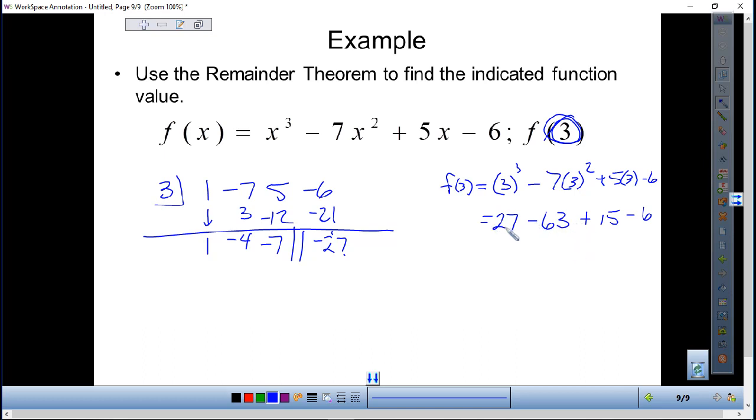Now I'm going to go ahead and put all the positives together and all the negatives together just to make it one subtraction thing. So we've got 27 plus 15, that's going to give us 42. And then I put my minuses together, I'm going to get minus 69.